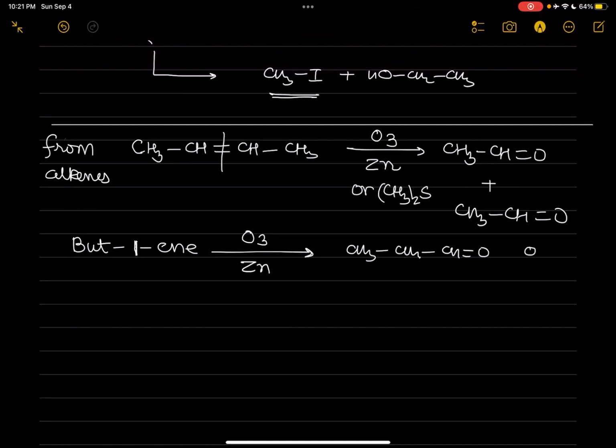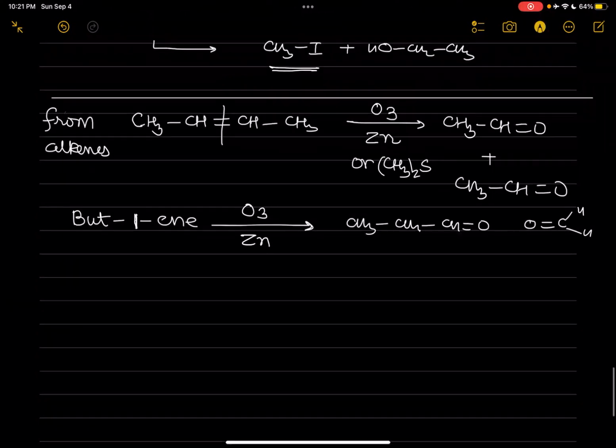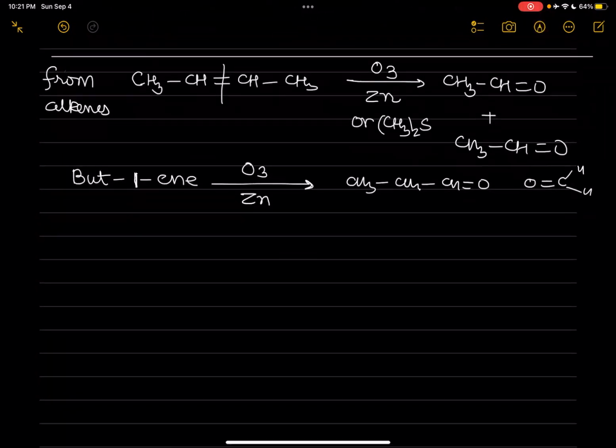So break the double bond and you get these two aldehydes. And in your NCERT, your school is also following NCERT. Which book are they following?